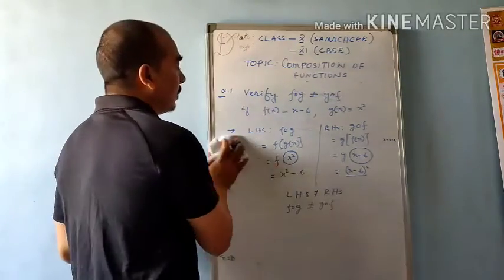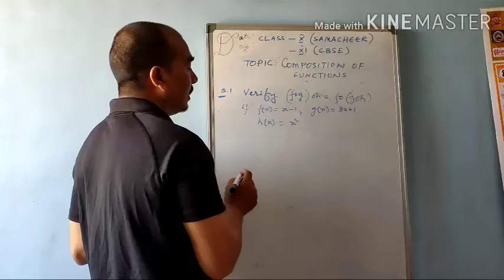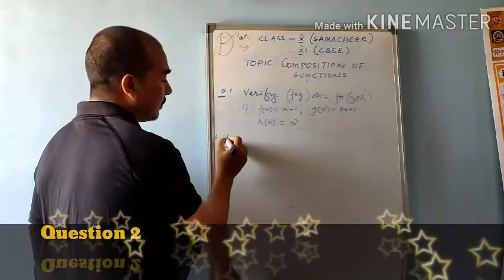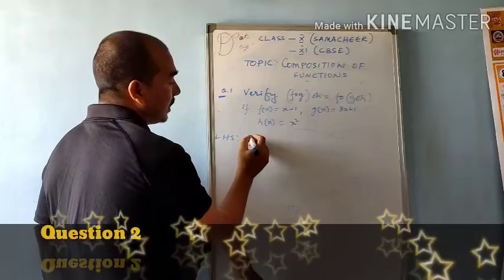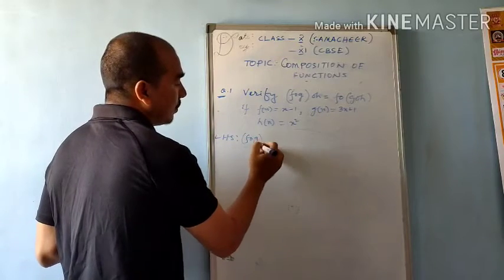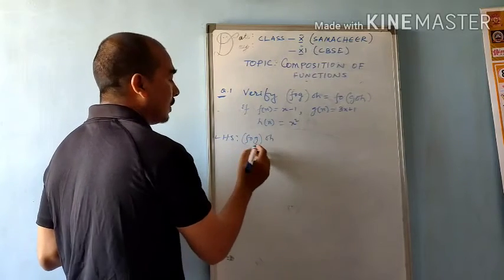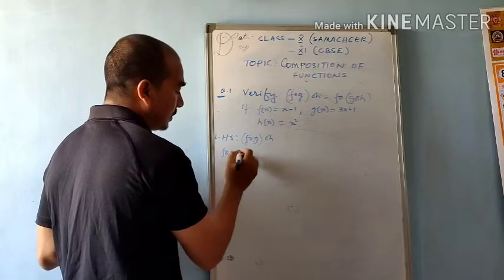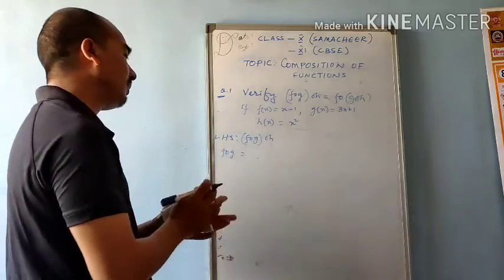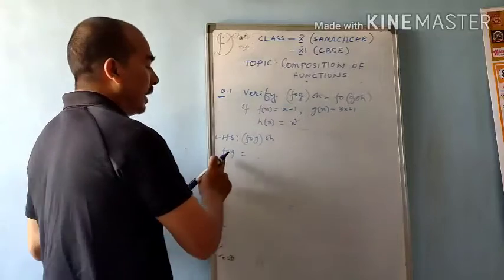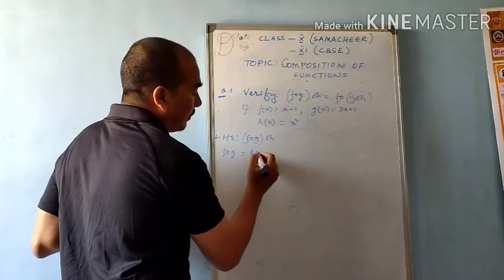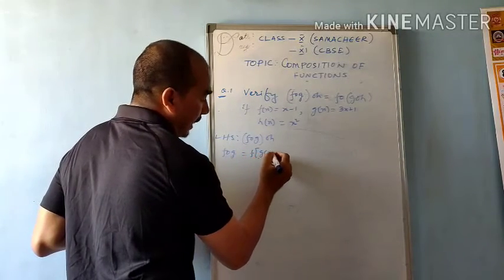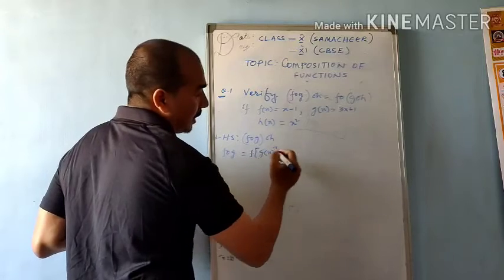Okay, now let's go to the next question. Let me find out the left hand side first. Left hand side is f o g o h. First we'll do the bracket f o g. f o g means f of g of x. I'll write it in one line.